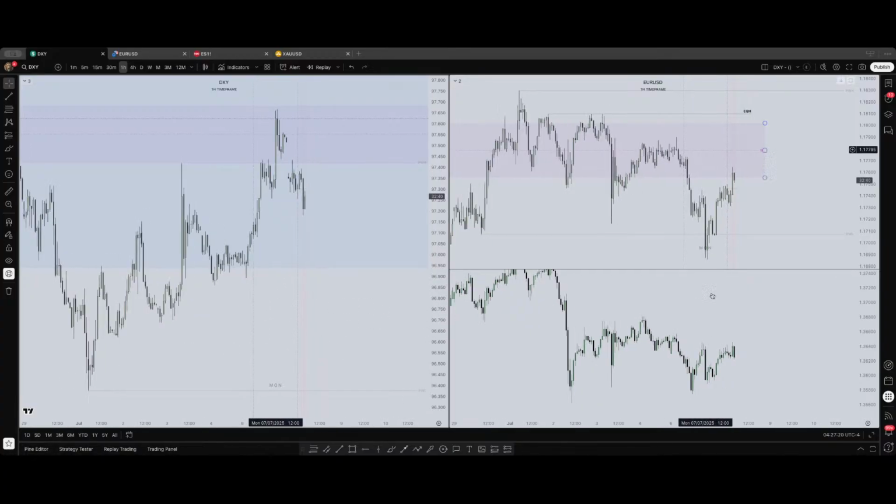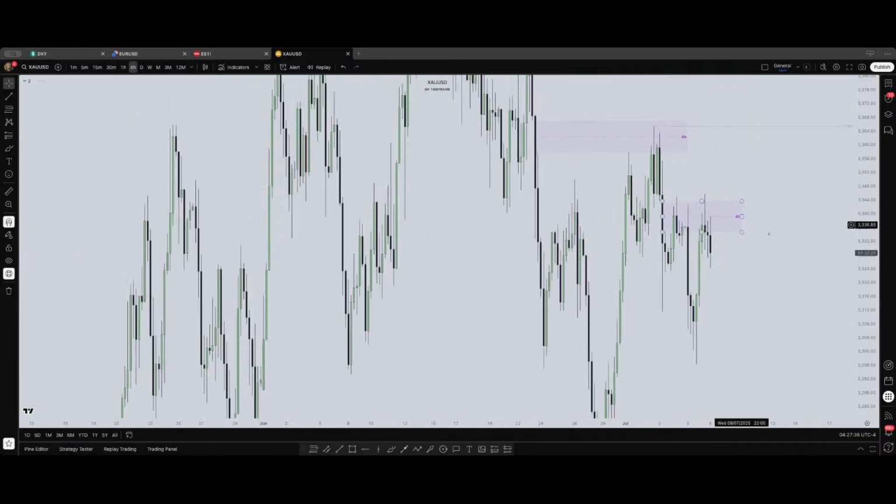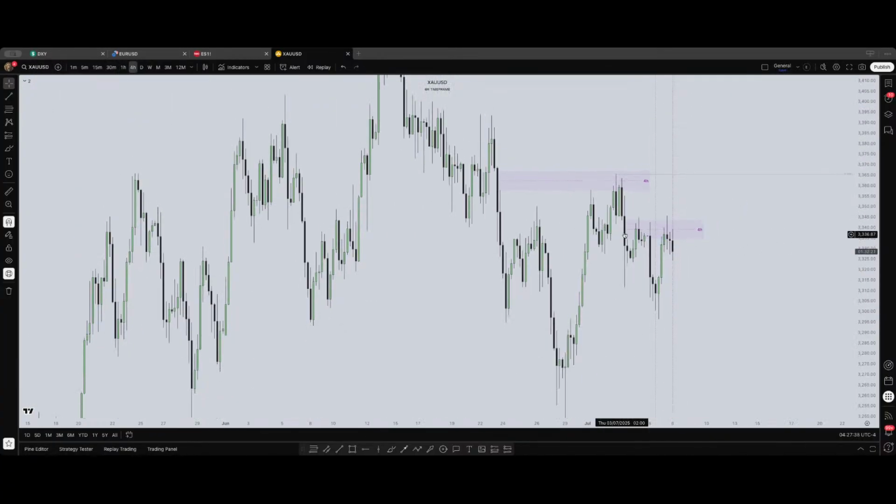So let me check this. Look how price reacted here also, this is gold, sorry, gold 4 hour. I have a 4 hour fair value gap here, which price is respecting nicely. Only wicks are making damage, as you can see.